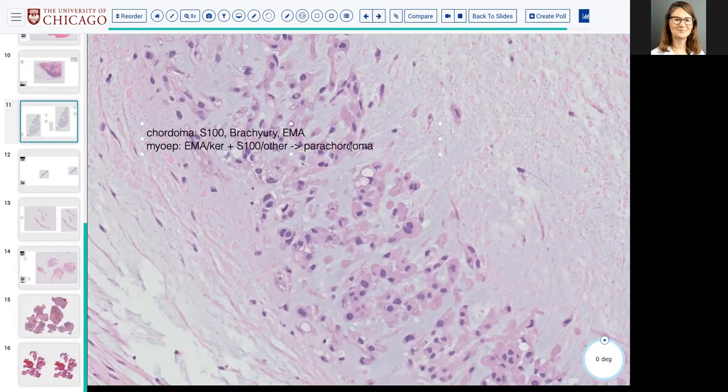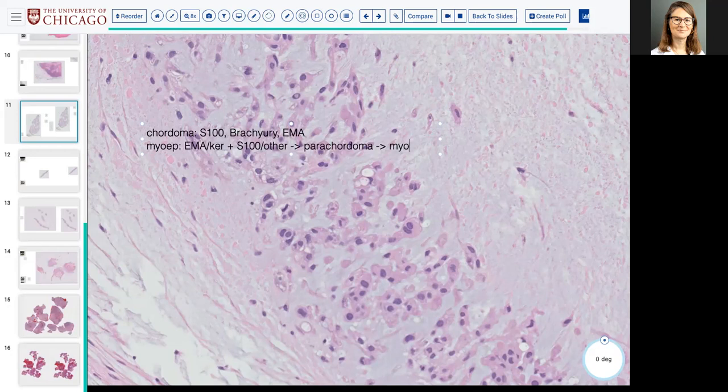Well, guess what? These all retrospectively, most of them were shown to be brachyury negative and are actually soft tissue myoepitheliomas. So this differential diagnosis is important and interesting, I think, because of this historic confusion between myoepitheliomas of soft tissue and primary chordomas of soft tissue. Primary chordomas of soft tissue do not exist.